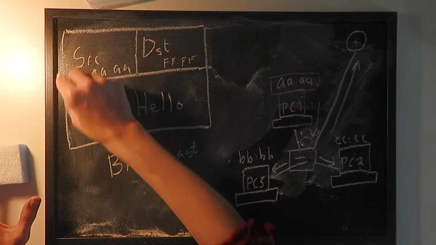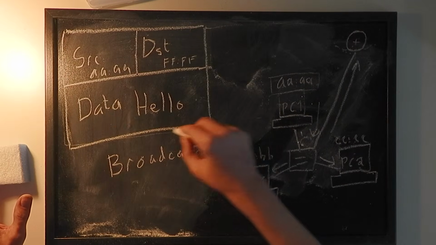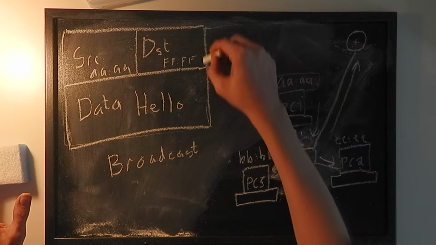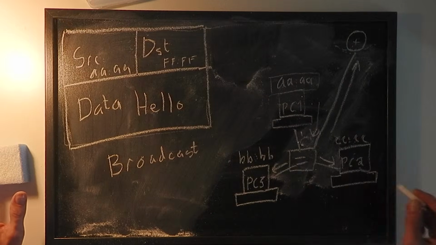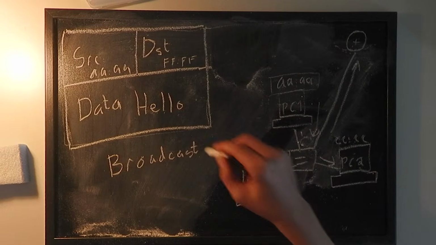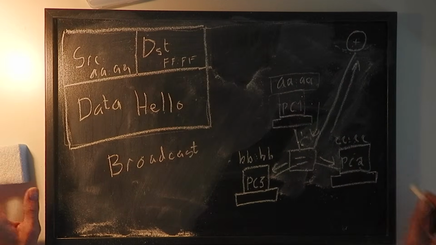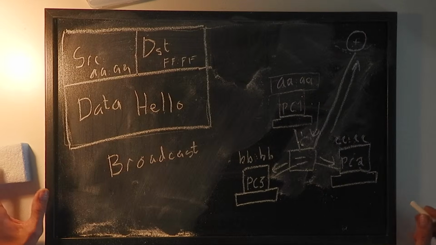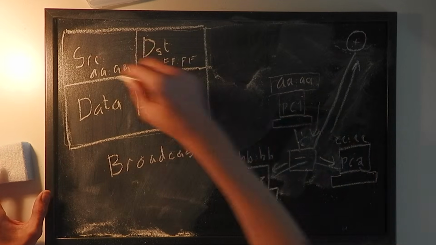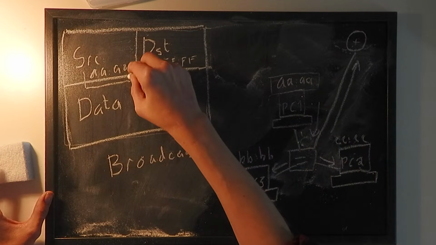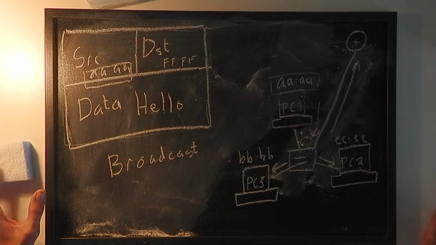And PC2 will receive this whole frame, the message as well as the source and destination addresses, which means that PC2 now knows the MAC address of PC1.